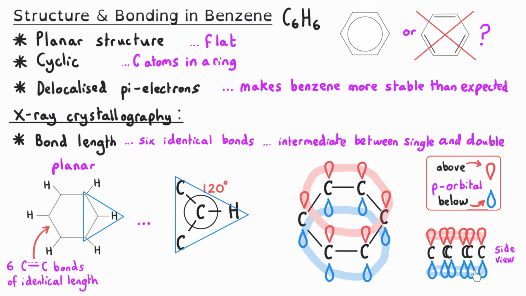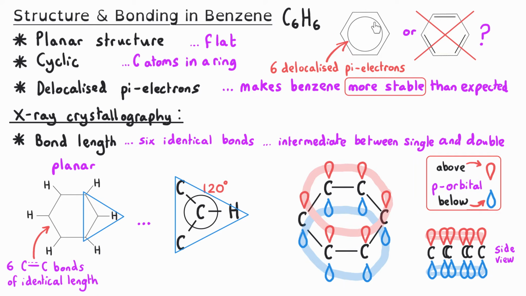This overlap of p orbitals allows the electrons to be delocalised, meaning that they are not fixed to any single carbon-to-carbon bond, but instead they are spread evenly across all 6 carbon atoms. This delocalised pi system is what gives benzene its unique stability and chemical properties.